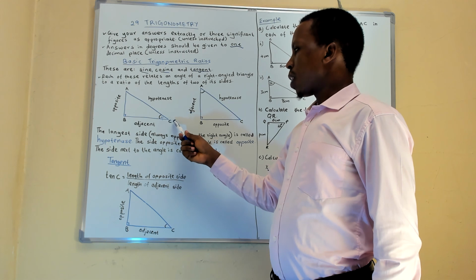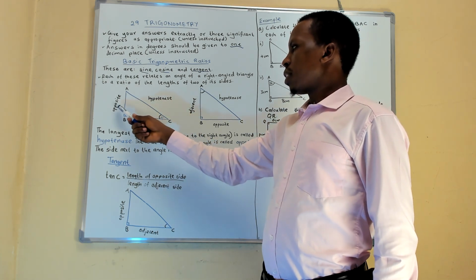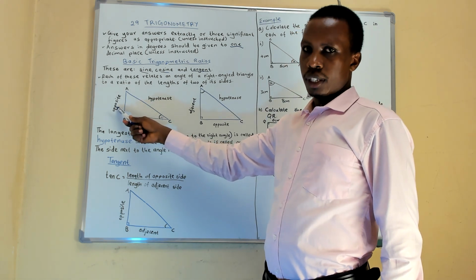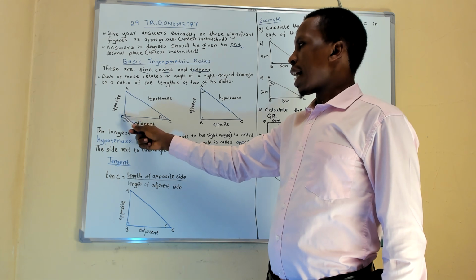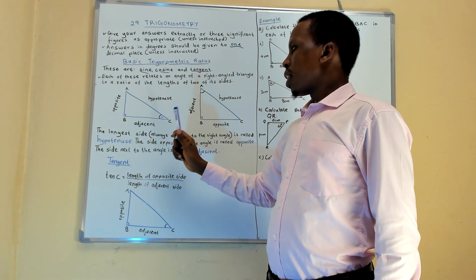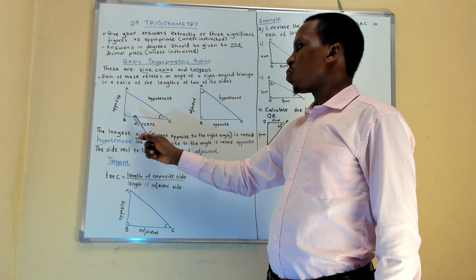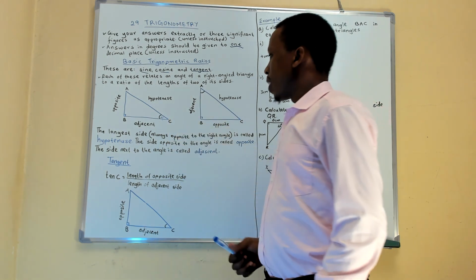If you take this angle as our reference, then the side opposite to the angle is what we call the opposite. Then the side opposite to the right angle is what you will always call the hypotenuse. Then the adjacent side is the side that is next to the angle of reference.